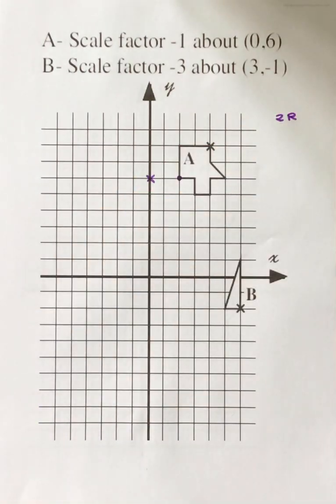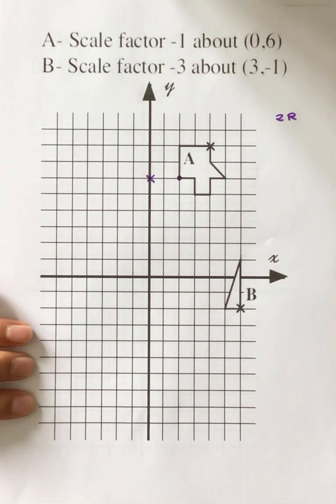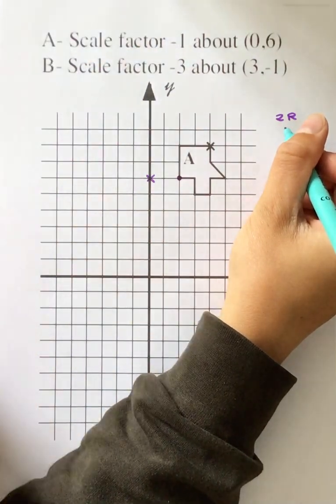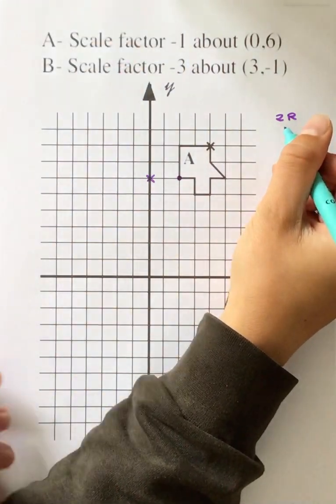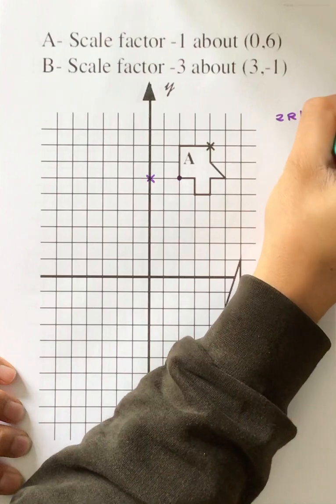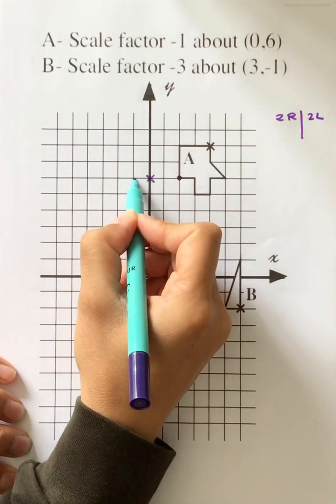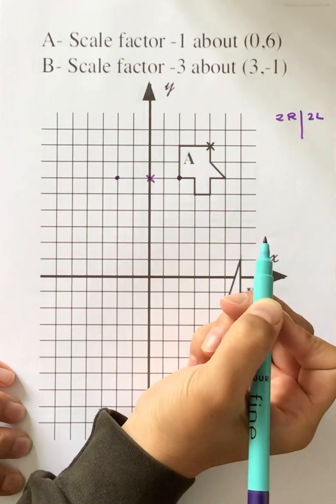And when we did this for a positive scale factor, we then timesed that number by the scale factor. Now the negative part of the scale factor changes the direction. So for my new corner, instead of going 2 right, I'm going to times it by 1, which keeps it as 2, but change the direction. So I'm going to go 2 squares to the left.